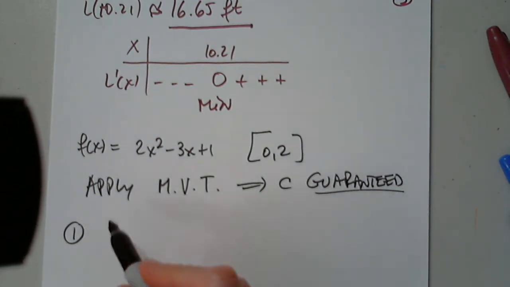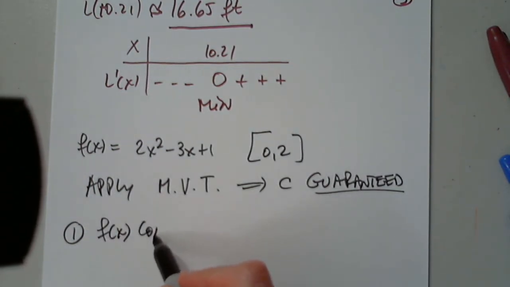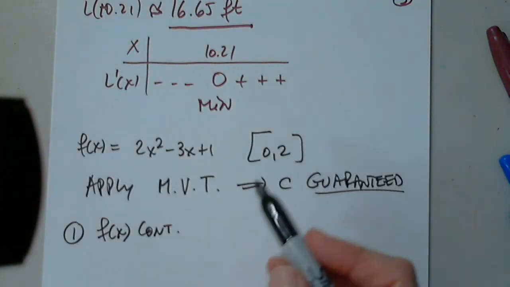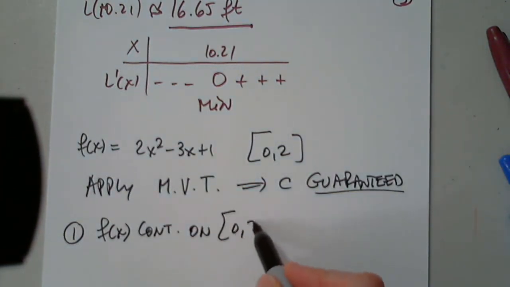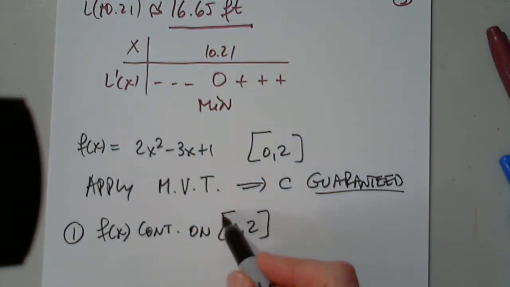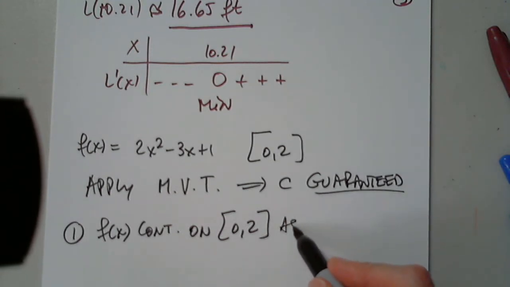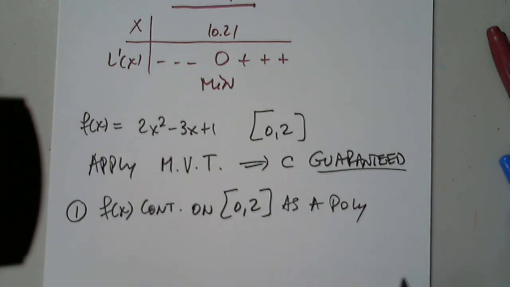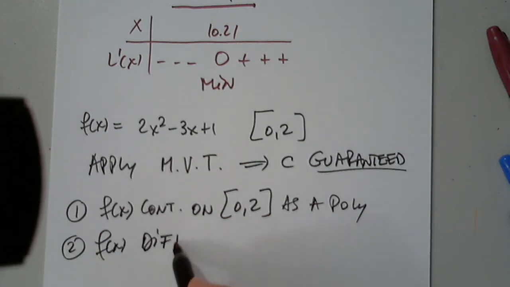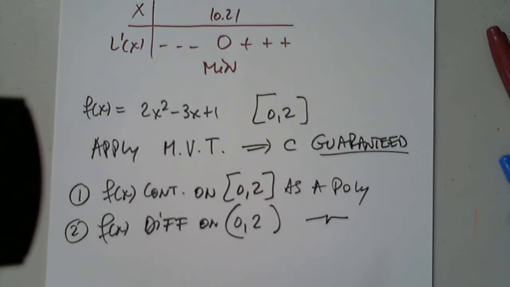In number 1, I have to say f of x continuous. It's a polynomial function on closed interval 0, 2. Closed means brackets, as a poly function, which is continuous everywhere.